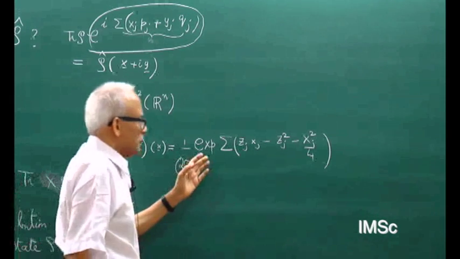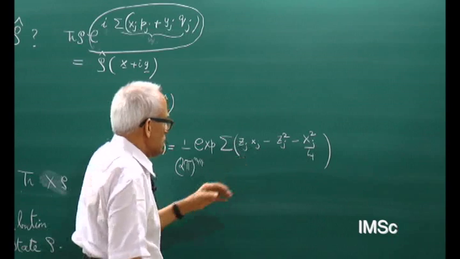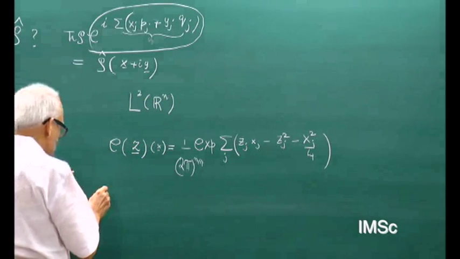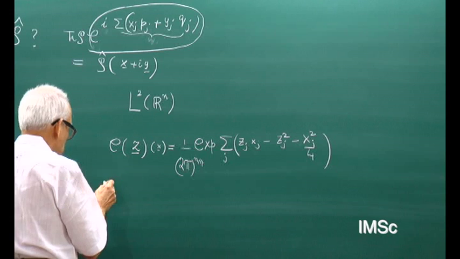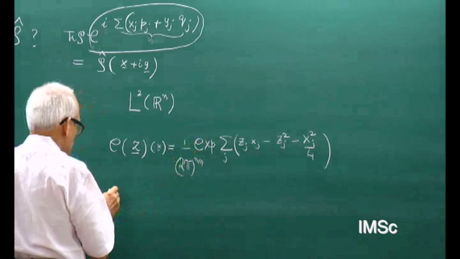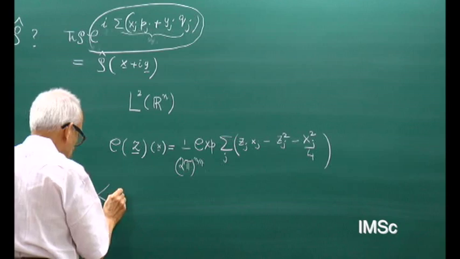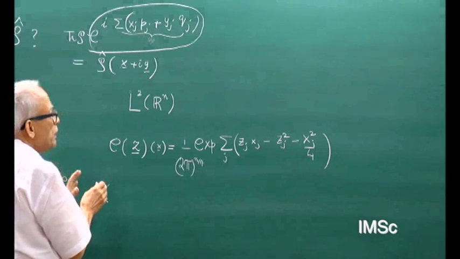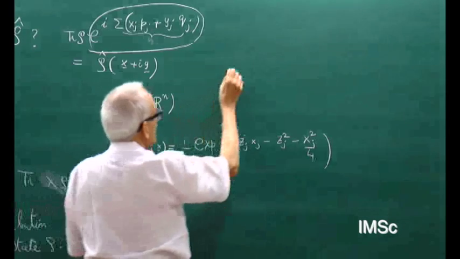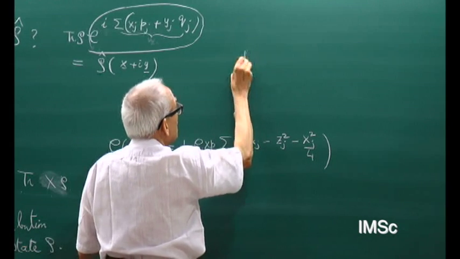So, it is natural to consider this function, and if you analyze these properties, many of the classical properties in the theory of Hermite polynomials are all contained in the following equation. Now, I will use the wrong inner product.